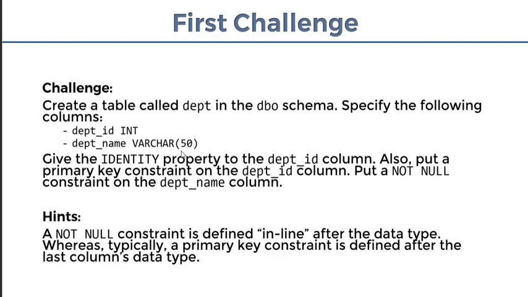A not null constraint is defined inline after the data type. After the data type you can use not null, whereas typically a primary key constraint is defined after the last column.